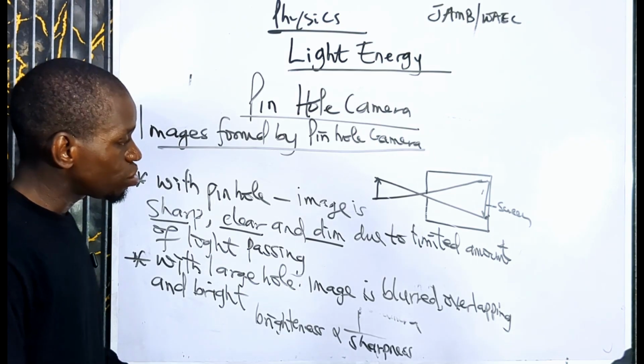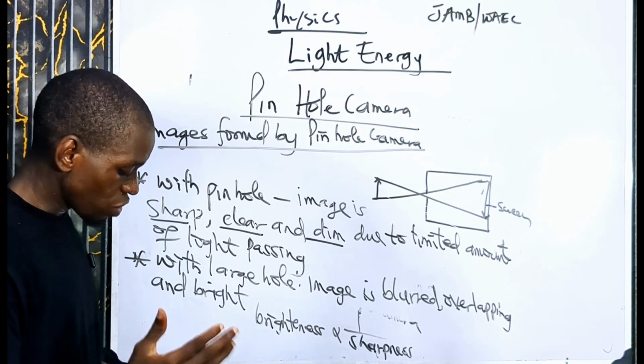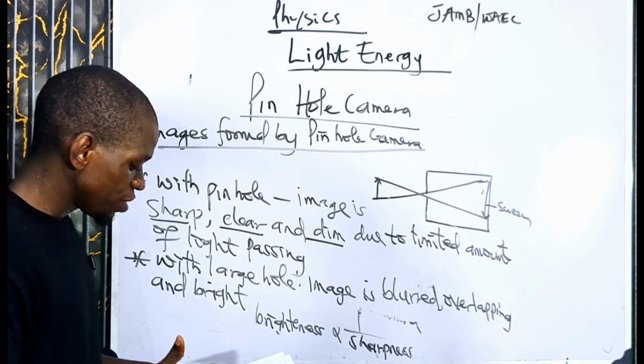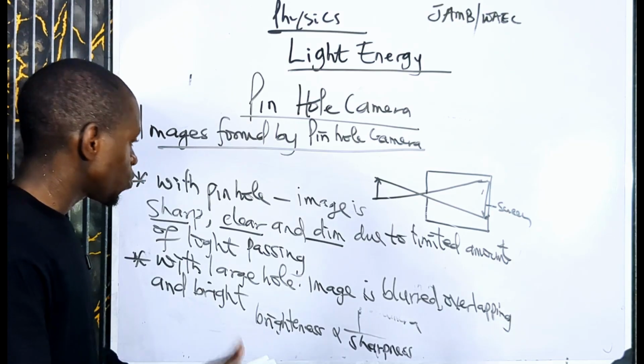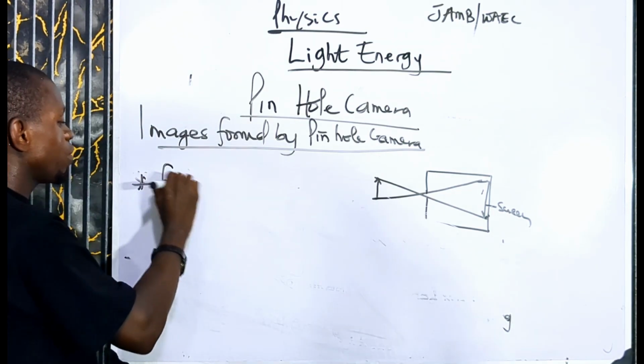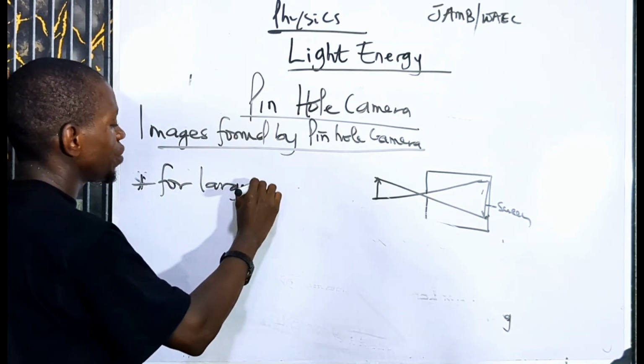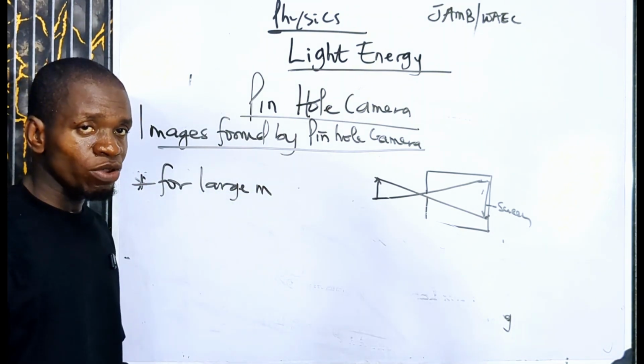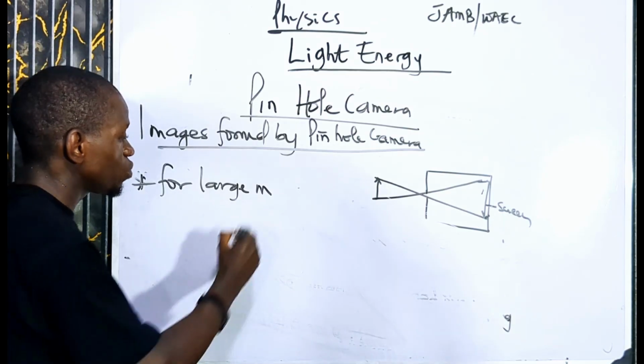Then another thing that you need to take note of is magnification. For large magnification, the object distance must be very small. When you talk about magnification, the magnification can be large or small, depending on how you want to go about it.